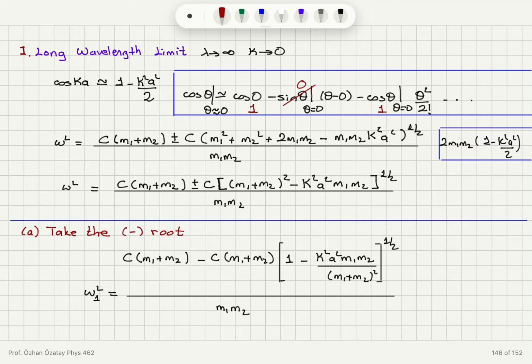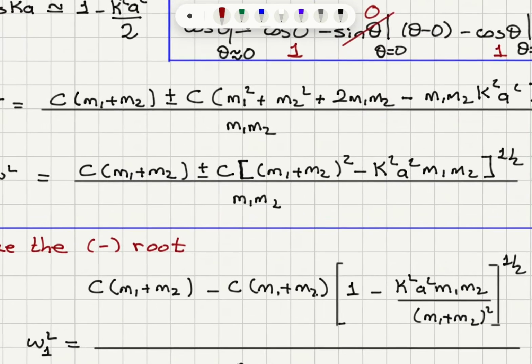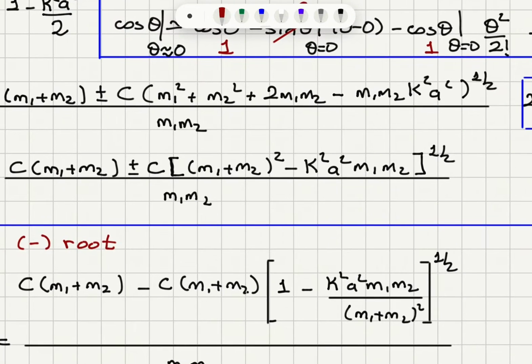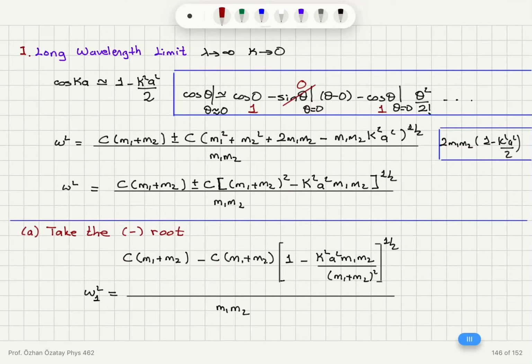Then I have the square root here. And I can notice that m1 square plus m2 square plus 2m1 m2 is (m1 plus m2) square. So I can write this result as omega square equals C (m1 plus m2) plus or minus C square root of ((m1 plus m2) square minus k square a square m1 m2), divided by m1 m2.